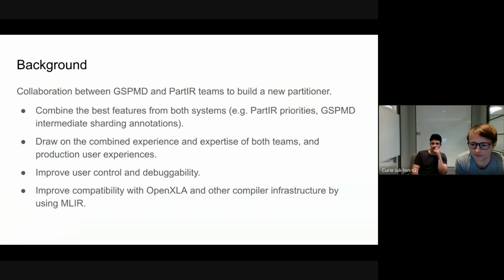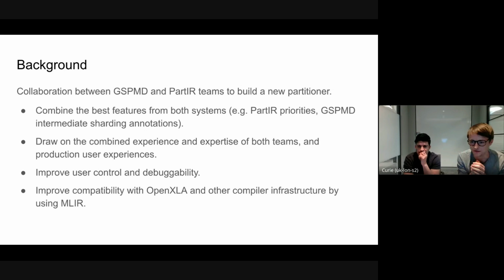Cool. So Chardonnay is a new partitioner that we've been working on, and it's a collaboration between the team behind GSPMD, which is the partitioner in XLA developed by Google's XLA team, and PartIR, which is an MLIR-based partitioner developed here in London by DeepMind.